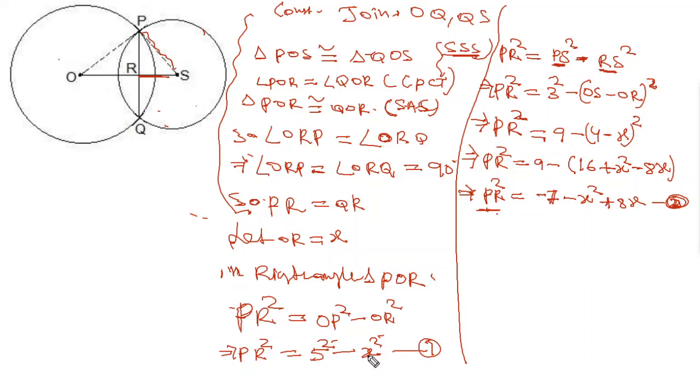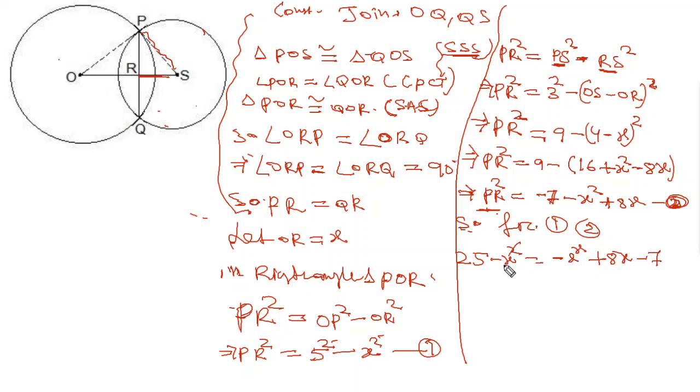From statements 1 and 2, we can write 5 square minus X square, 25 minus X square, is equal to minus X square plus 8X minus 7.